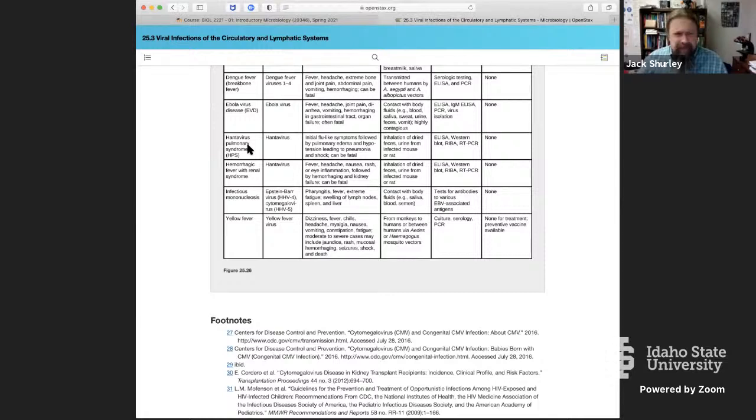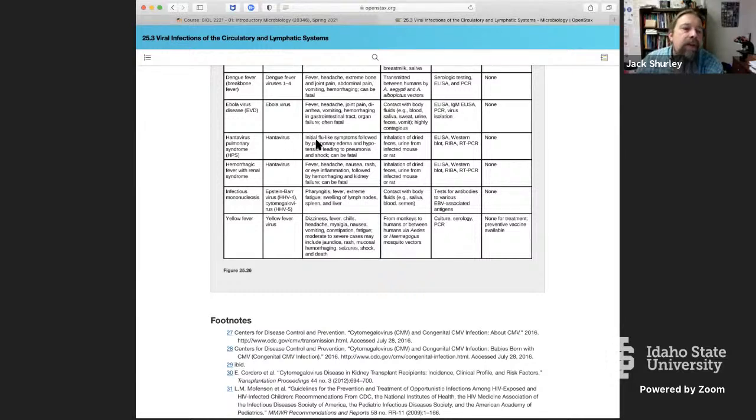Hantavirus, this is something that's kind of close to here. It was first really talked about, I want to say, in the mid 1990s, around the Four Corners area in the Southwest, where we saw some crazy infections that we weren't quite certain about, and then traced it back to feces or urine from some rodents coming in contact with particles that caused the infection.